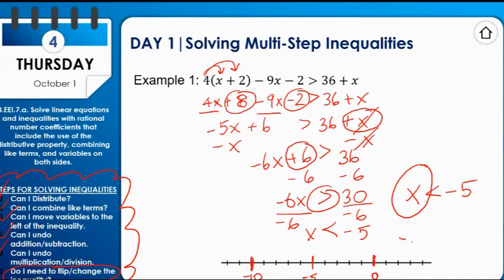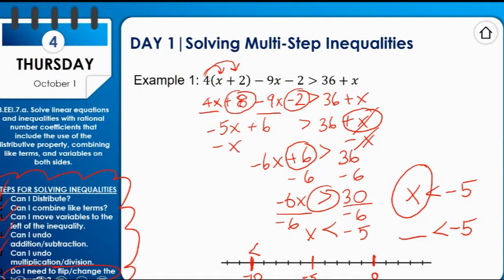So inequality, values of x: is -5 or 0 less than -5? The answer is no. Is -10 less than -5? Yes. So I know I'm coming in this direction.